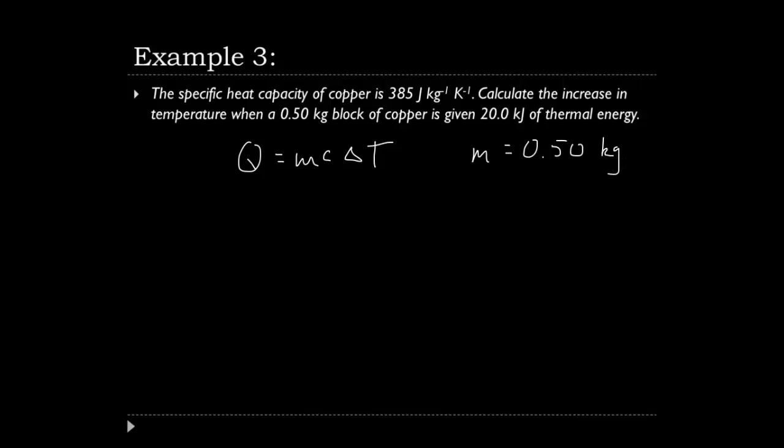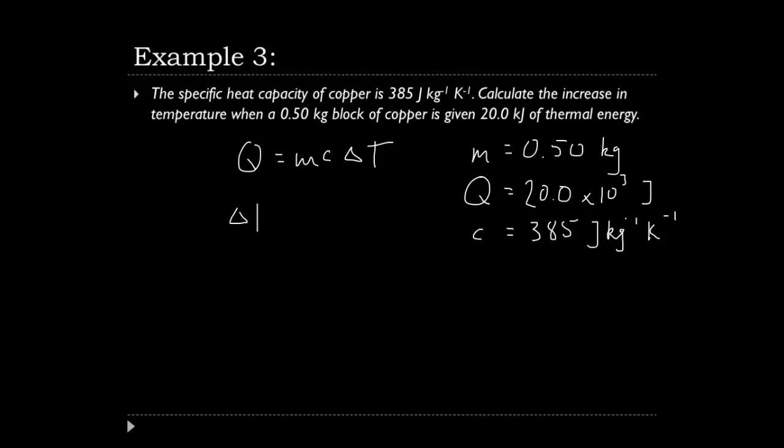We're given that the heat transferred to the copper is 20.0 times 10 to the 3 joules. And we're told that the specific heat capacity c is 385 joules per kilogram per Kelvin.